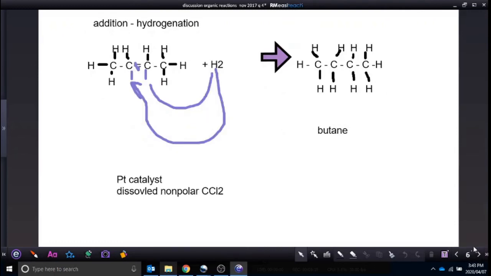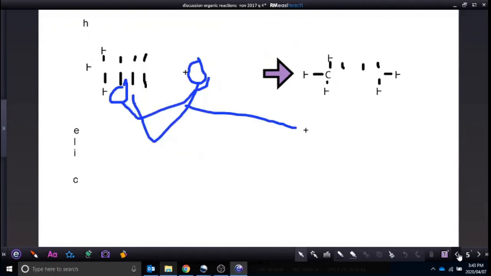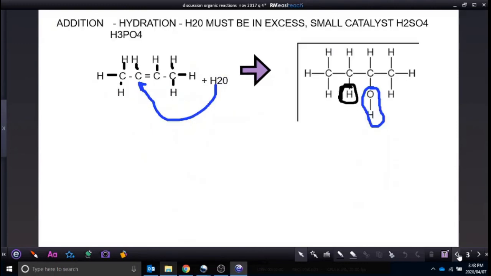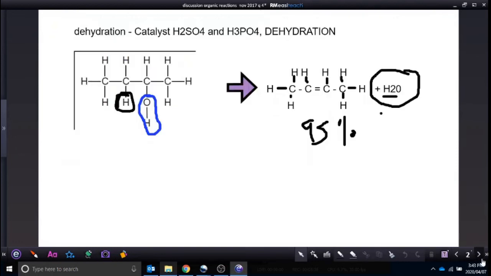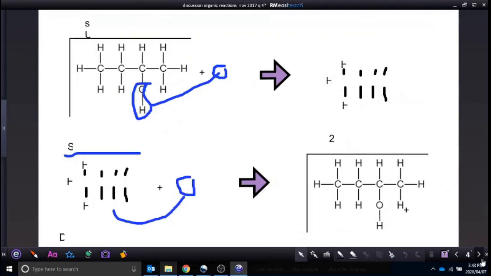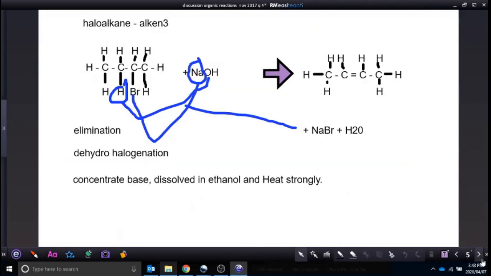The last one is our reaction number E, and reaction number E is our hydrogenation reaction, where the alkene is added to H2 to form an alkane, and this is also the process where they soften butter or make margarine.